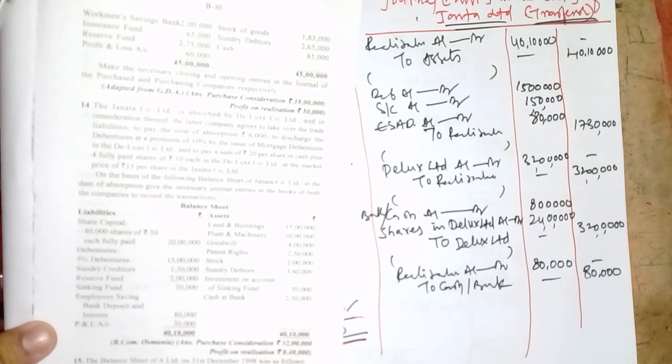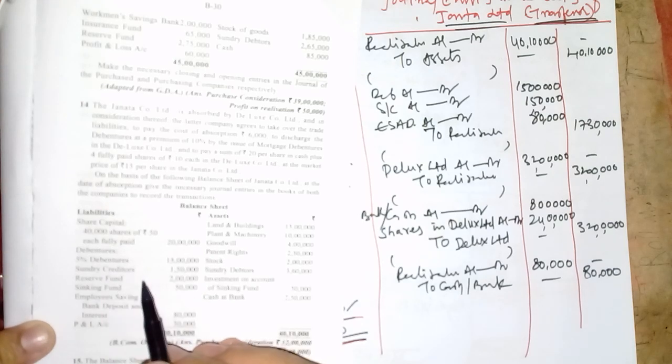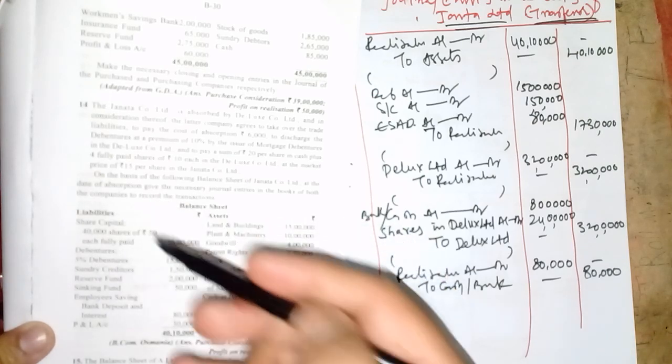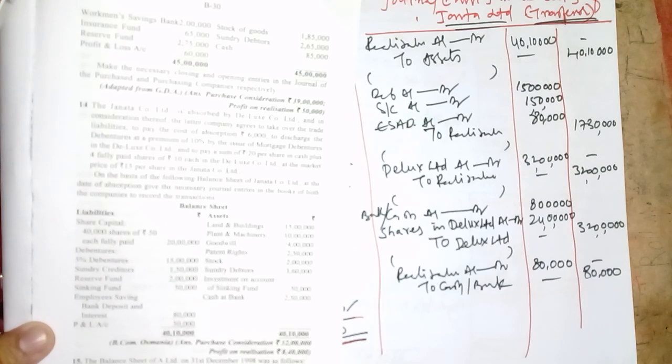Next entry is, once this is done, the next entry would be, then prepare the realization account entry. Right, transfer. So first we'll transfer this equity share capital and reserves to equity shareholders account. So equity share capital and reserves to equity shareholders account.